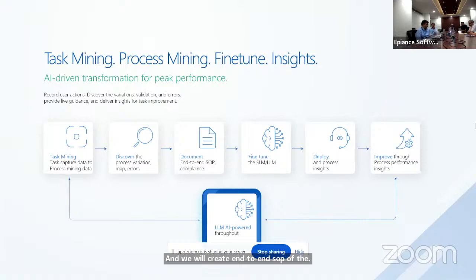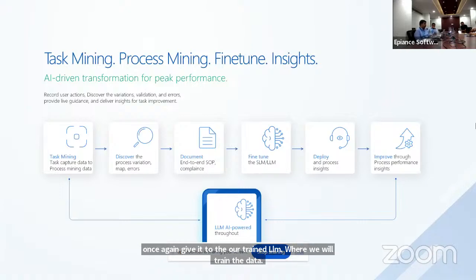Apart from that, we take the compliance documents and feed them into the fine-tuning model to check whether there are any compliance issues. All this information we once again give to our pre-trained LLM, where we train on the data, and once that is done, we deploy it onto our server.